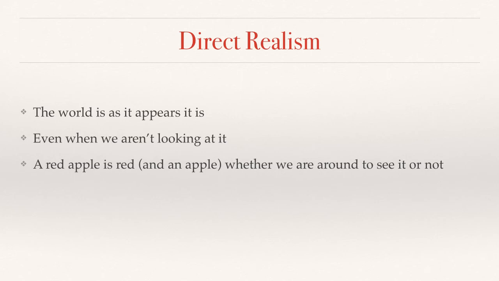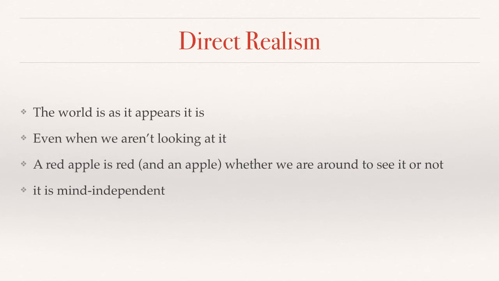Another way I like to put this sometimes is that these properties are mind independent, so that even if the apple were in a completely dark room, in a pitch black room with no light at all, no people around at all, the apple would still have all of these properties according to the direct realist. It would still be red, in exactly the same way.